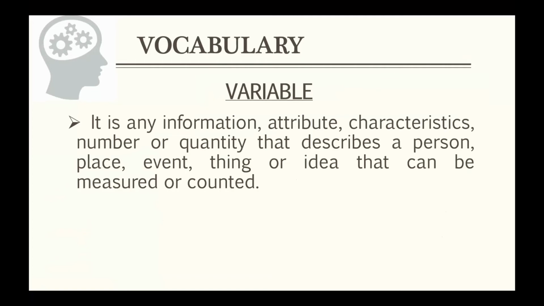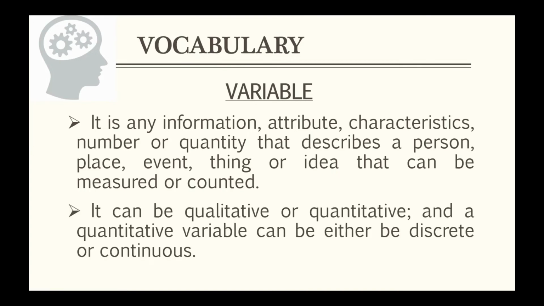Example, a person's hair color is a potential variable. For one person, it can be black. For another person, it can be blonde or gray or any other color. Another example of variable is number of students.